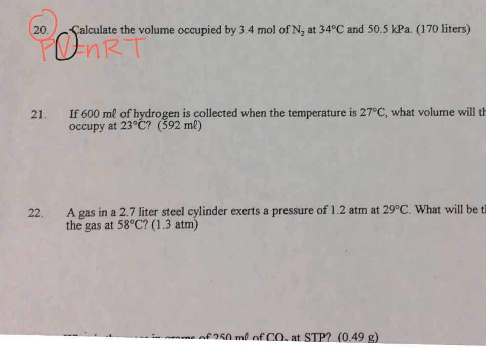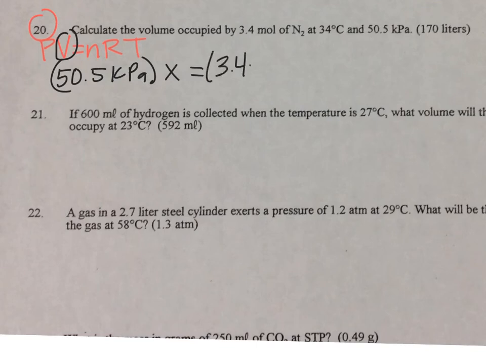That means we must have all of the other numbers. The pressure is 50.5 kPa. Solving for volume, so we can say that's X. N is in moles, 3.4. Now, R is a universal gas constant, so the R value is in your PowerPoint notes. You don't have to have it memorized. I'm going to put it on the test for you.